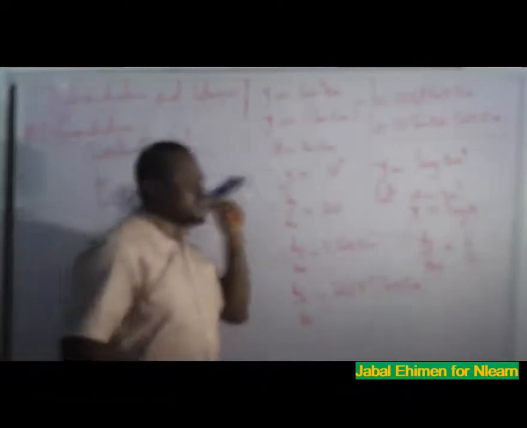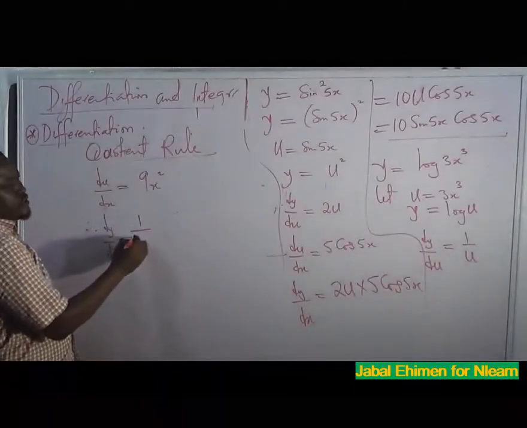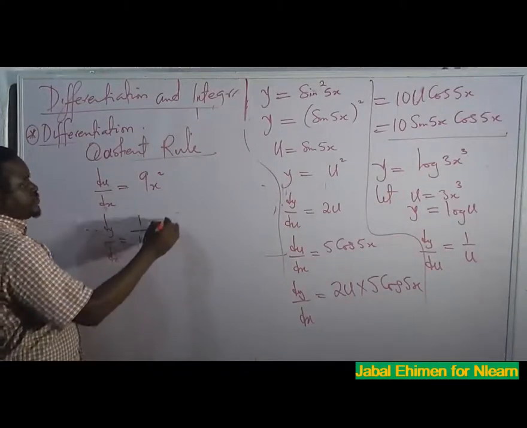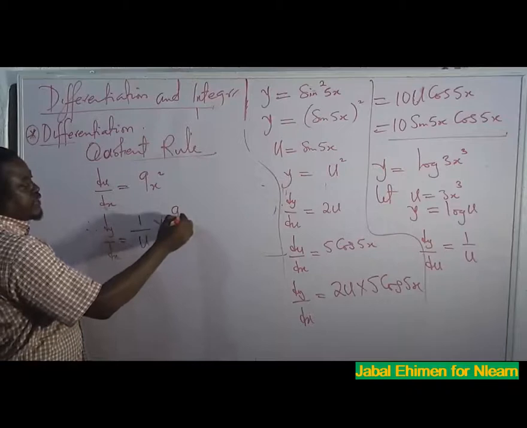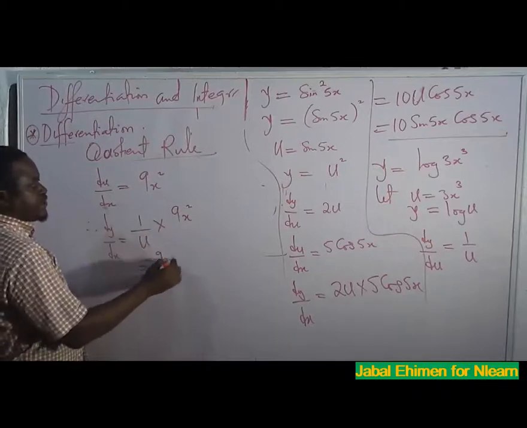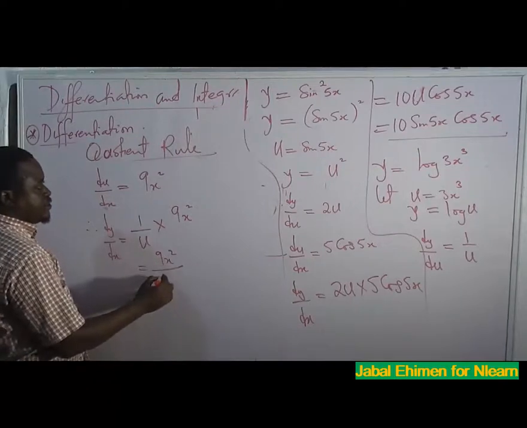So it's easy now. Therefore, dy over dx, which is the final value, is the multiplication of these two together. So when you multiply them, you have 1 over u times 9x squared. That becomes 9x squared over u.